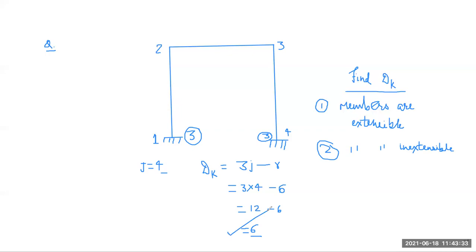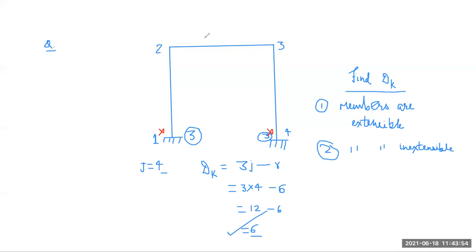If you observe here, at this point no degree of freedom is possible. Also at this point no degree of freedom will be possible because these points are fixed. So at a fixed point no degree of freedom is permitted, so the degree of freedom is 0.